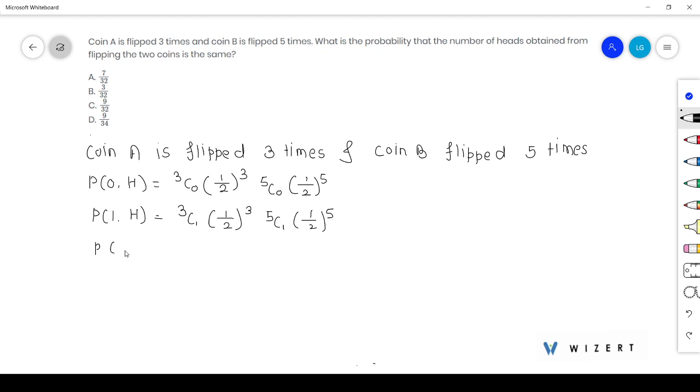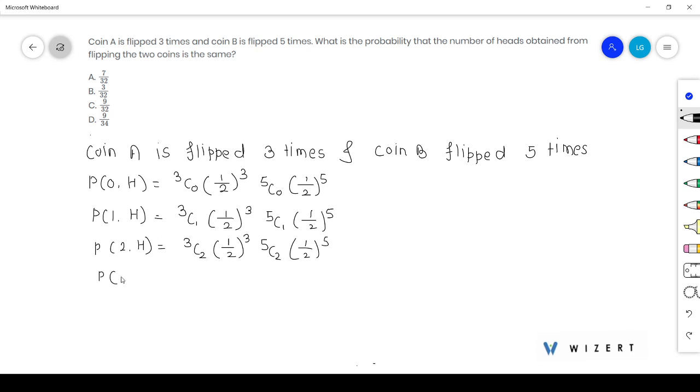Okay. Now possibility of getting exactly 2 heads is P of 2H. So it is 3C2, 1/2 to the power 3, 5C2, 1/2 to the power 5. Okay.